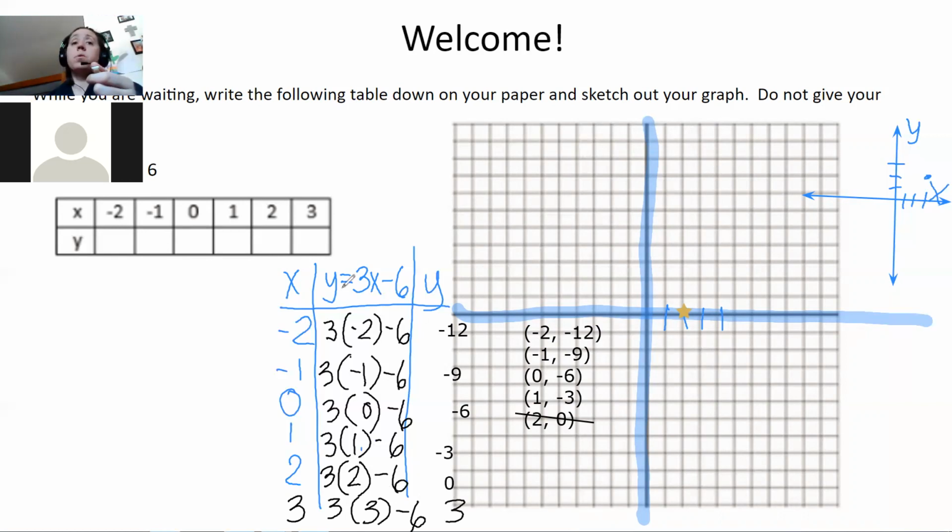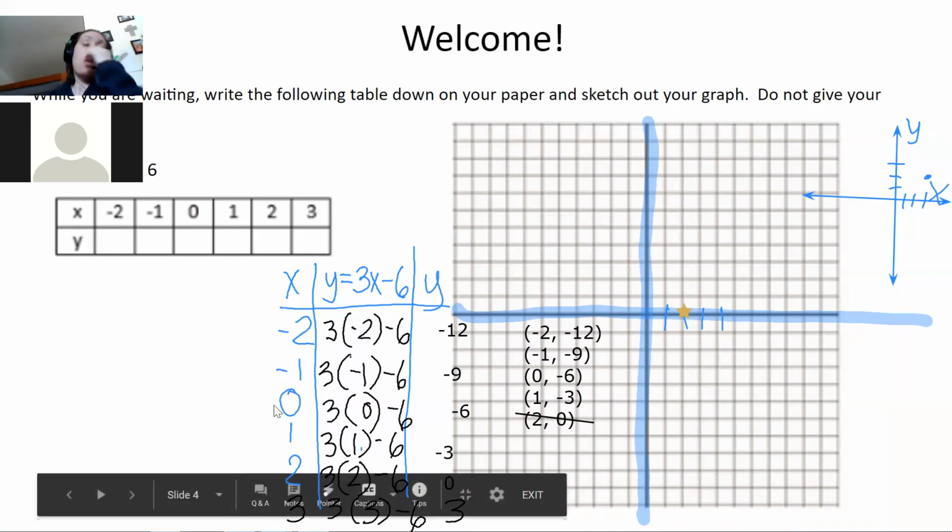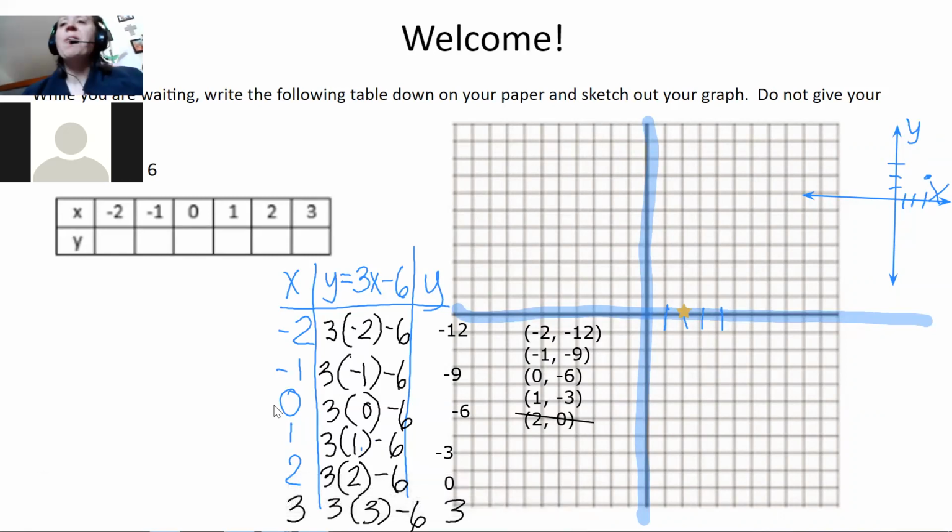That works too. So who's going to go put a point on there? Malachi, can I choose you? Or Piper? Or Freya? I need some graphing point helpers. How about Malachi, you graph the point 3, 3.